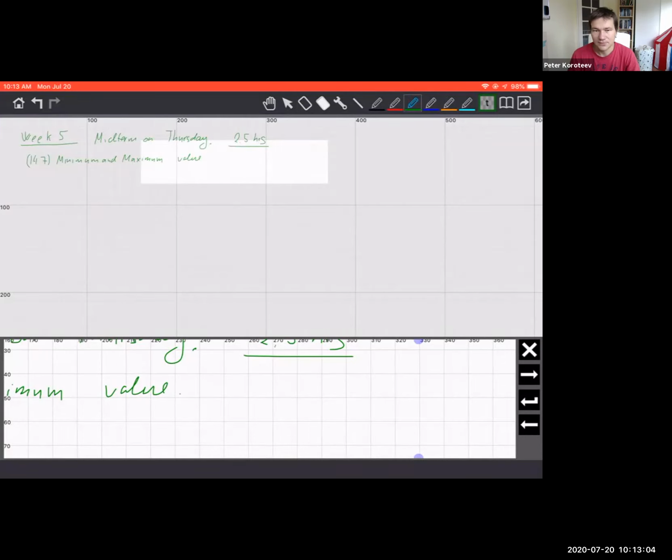So this material will be included into the next quiz, which will be next week. I think today and tomorrow we'll talk about minimum and maximum values and Lagrange multipliers. And on Wednesday we'll do a review for the midterm.